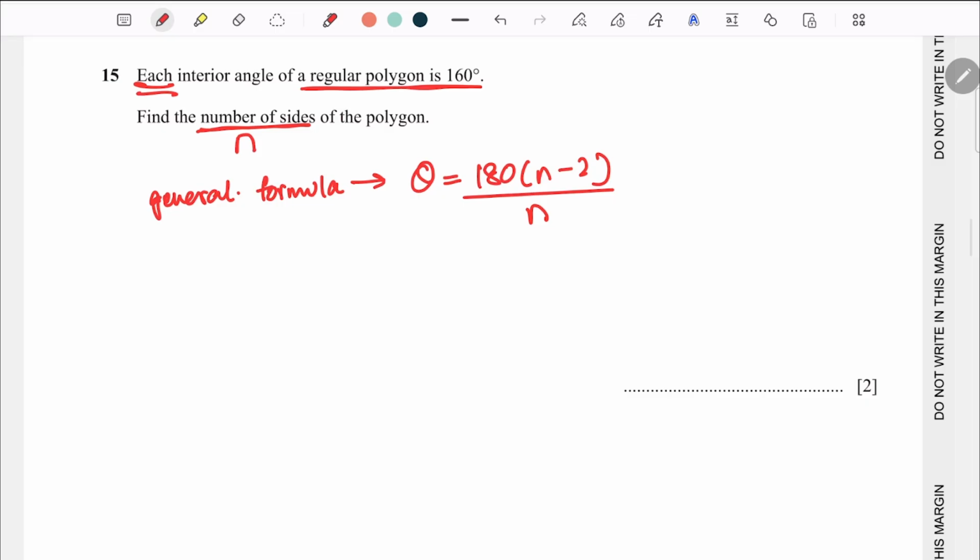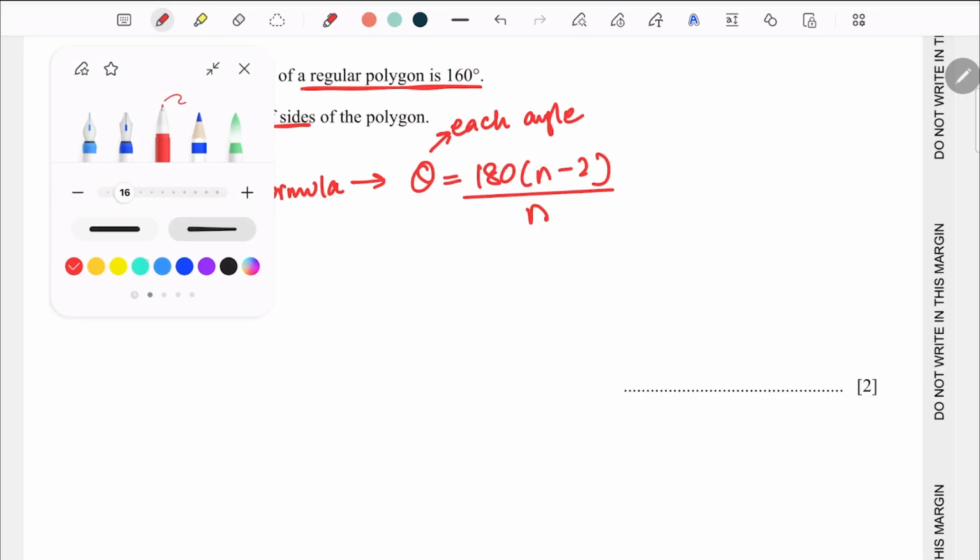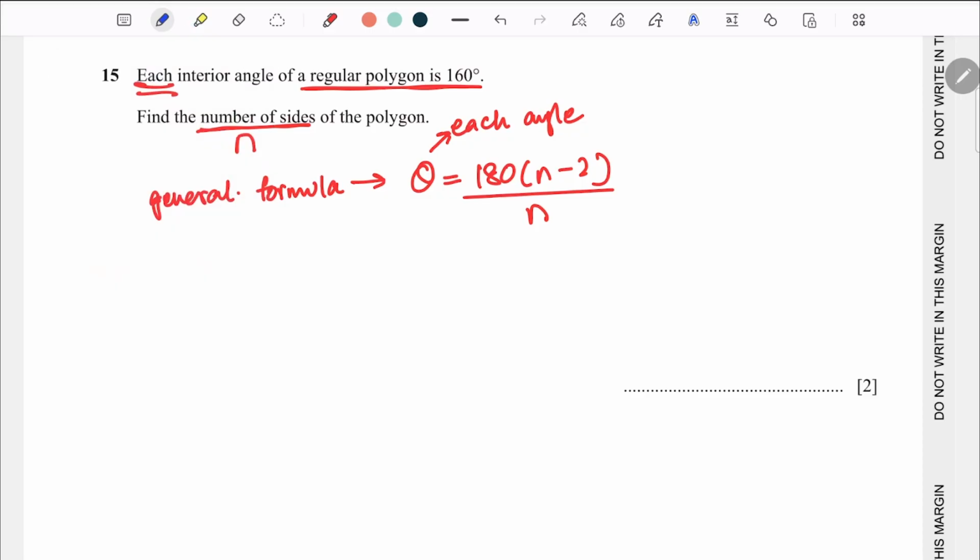So this formula is for each angle. When I substitute the values, each angle is 160 degrees. So 160 is equal to 180(n − 2) divided by n.